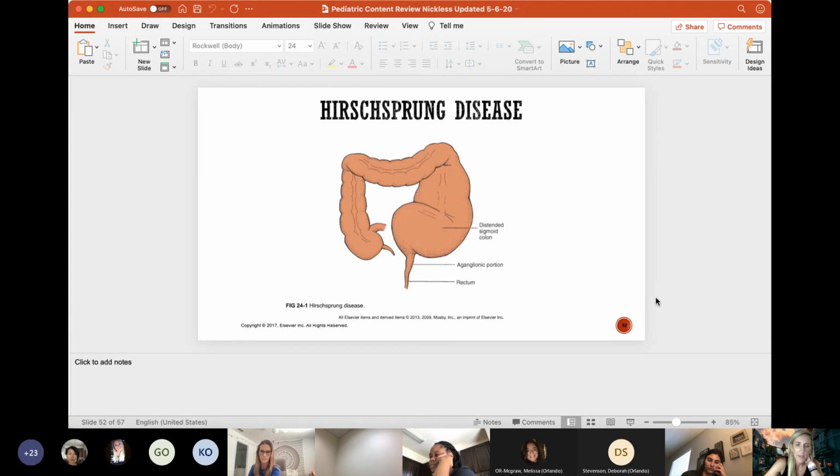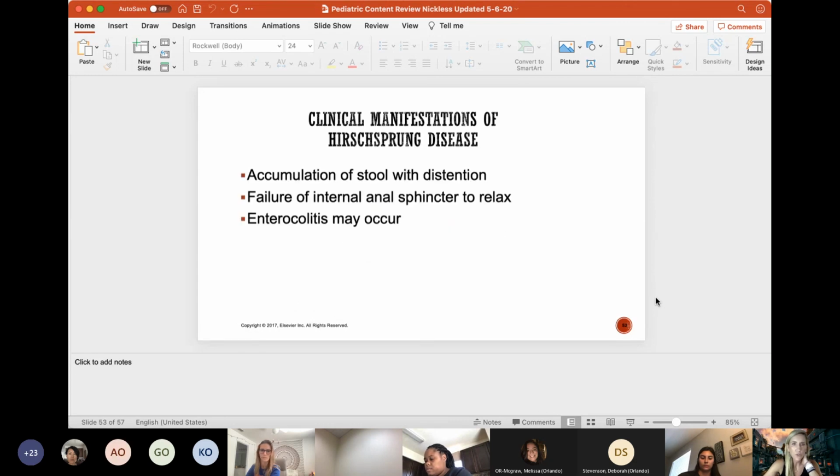They're not able to pass stool, or if they are, it may just be jelly-like stool. So remember, we're going to have surgery. Typically, they're going to go in and they will get a colostomy, and as they go in and repair it, that can be taken back down. Stool with distension, enterocolitis may happen, NEC may happen if we're not careful.